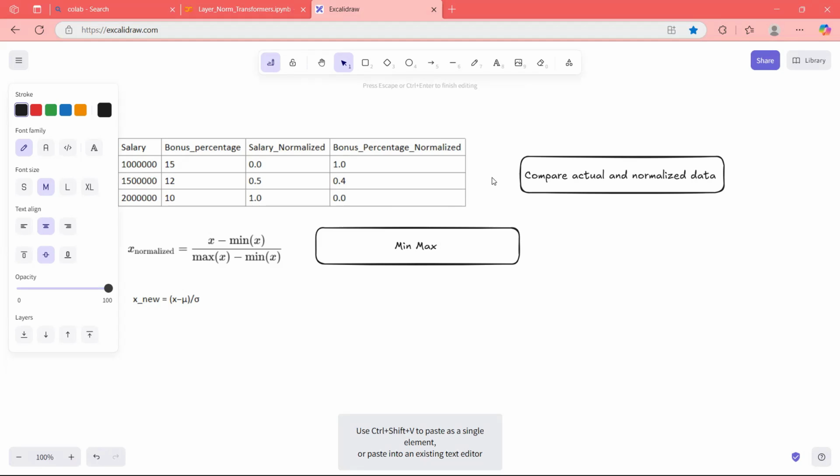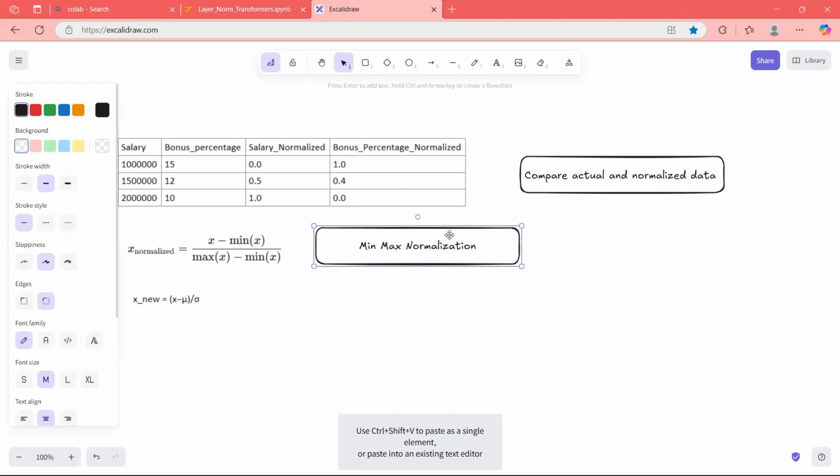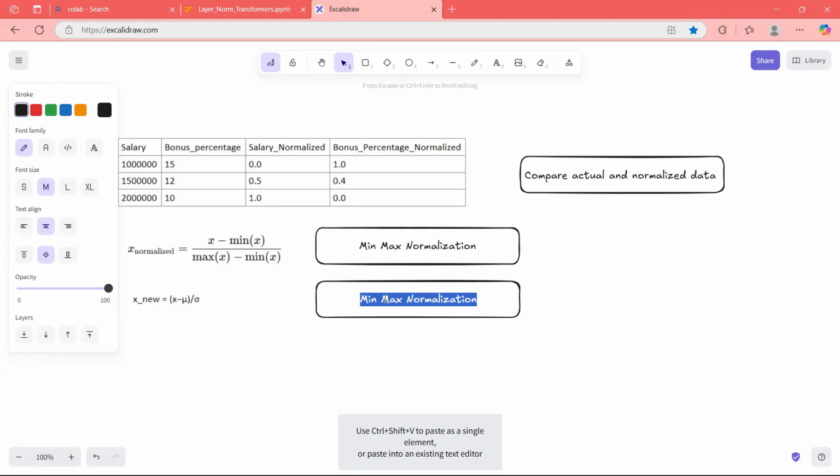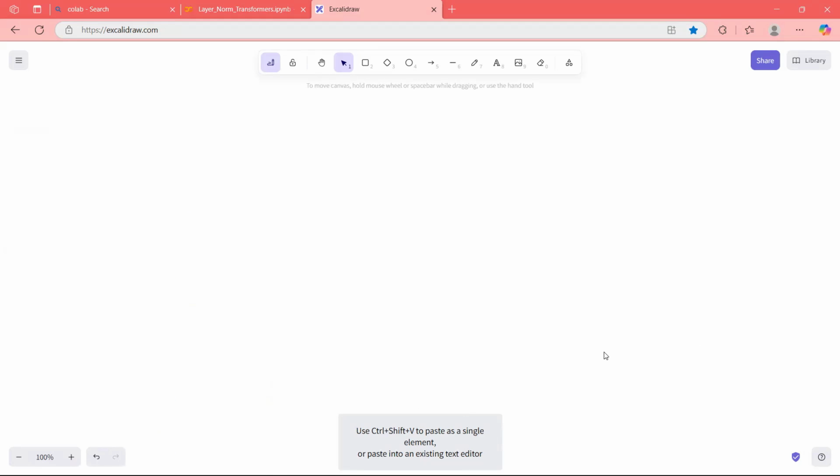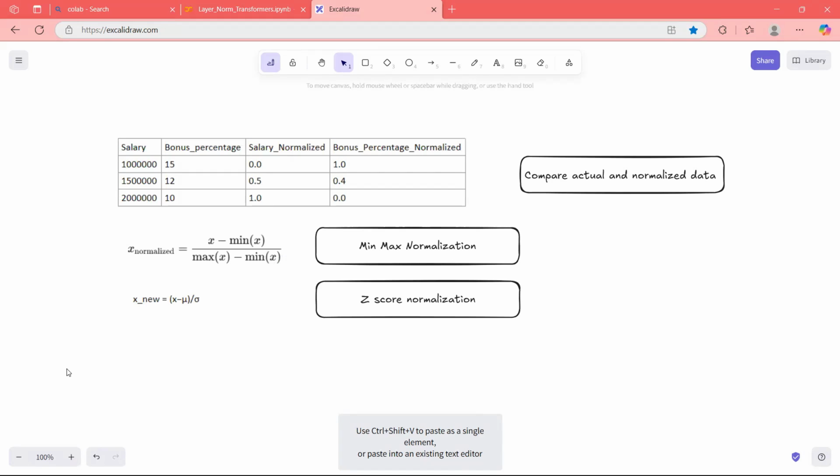Let's call it normalization to avoid confusion. Min-max normalization. And sometimes normalization and standardization are used interchangeably. Don't worry much about this. Z-score, we will keep it as normalization only. Normalization.